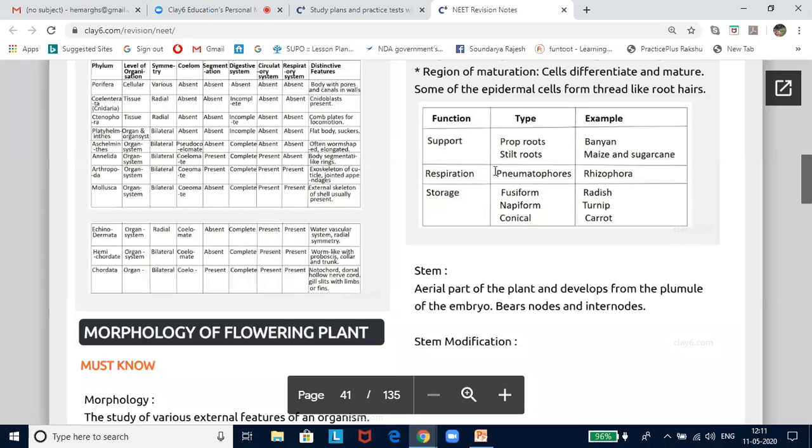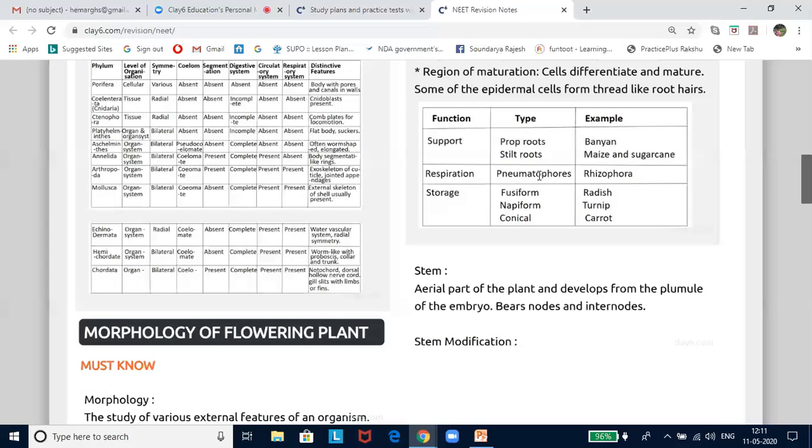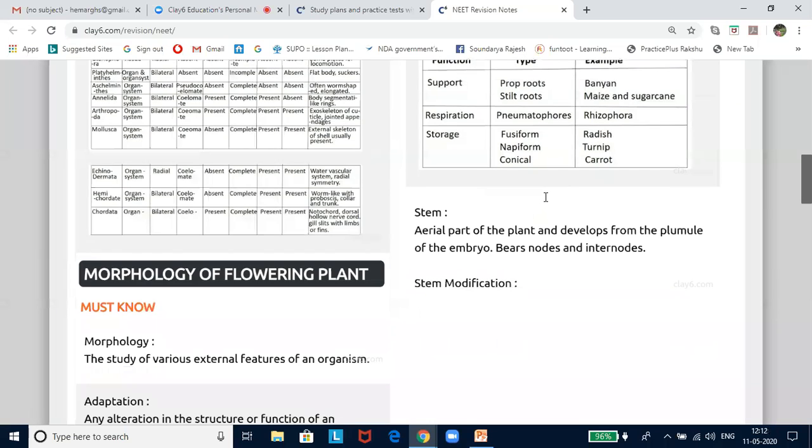Here the respiratory roots are positively phototropic and negatively geotropic. So they come up above, and then they are able to take oxygen from the atmosphere through pneumatophores.